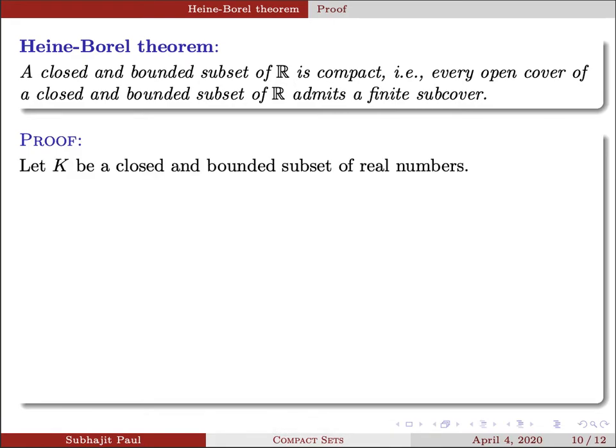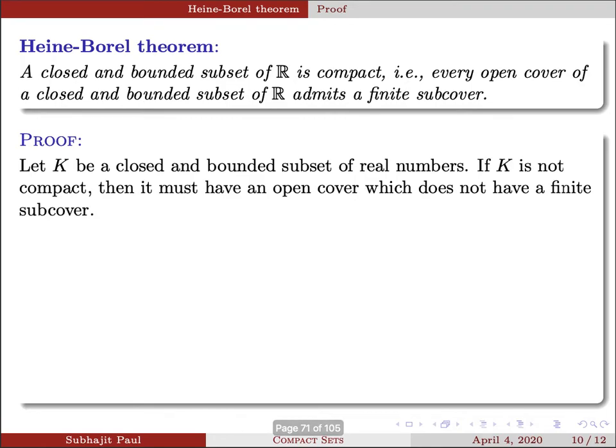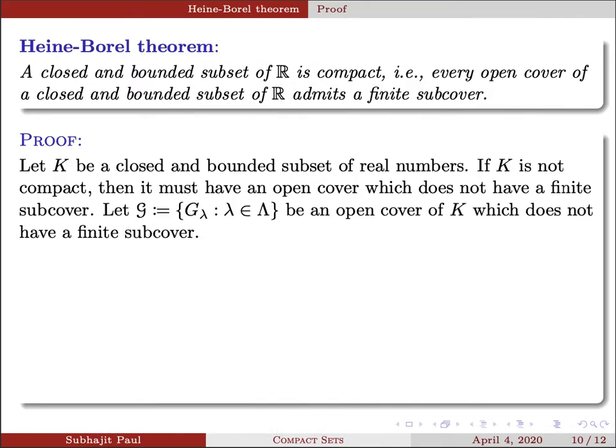Let K be a closed and bounded subset of real numbers. If K is not compact, then it must have an open cover which does not have a finite subcover. So let script G, with the same notation, G lambda, where lambda is coming from capital Lambda, be an open cover of K which does not have a finite subcover.